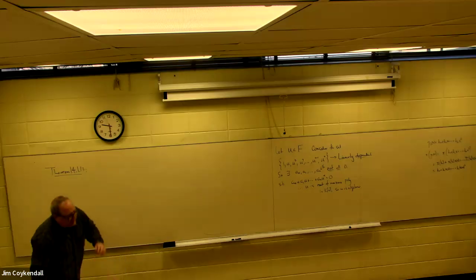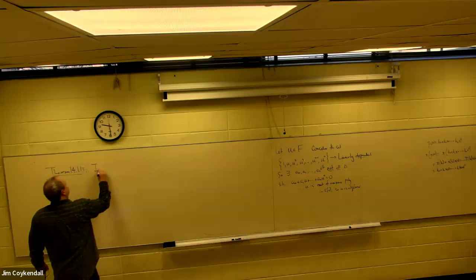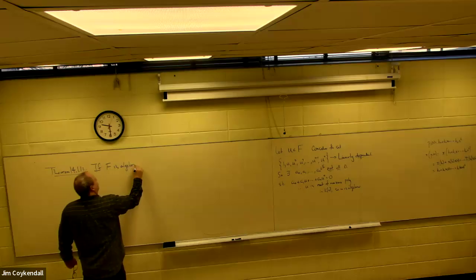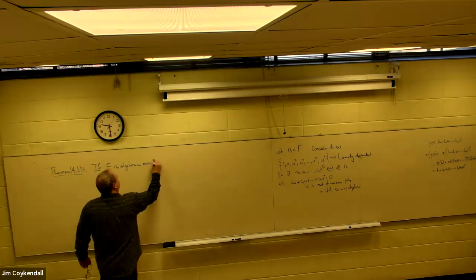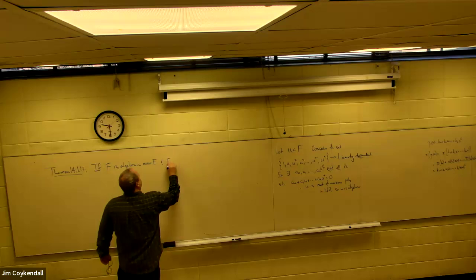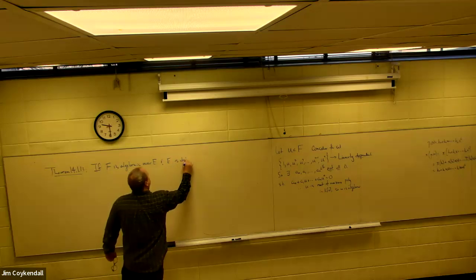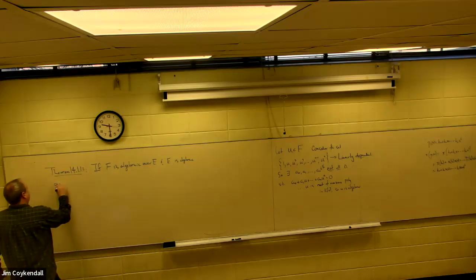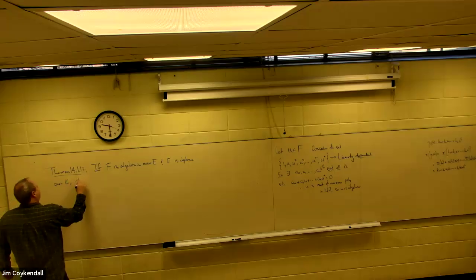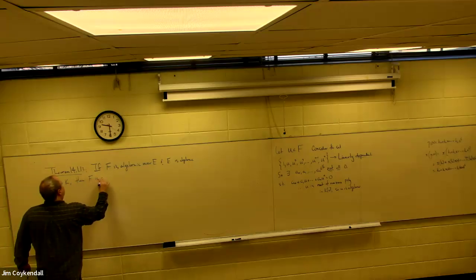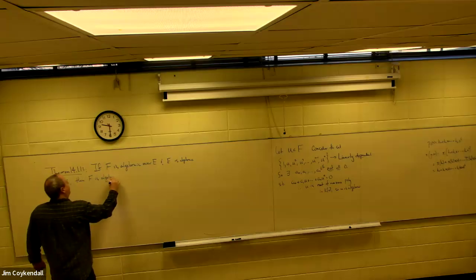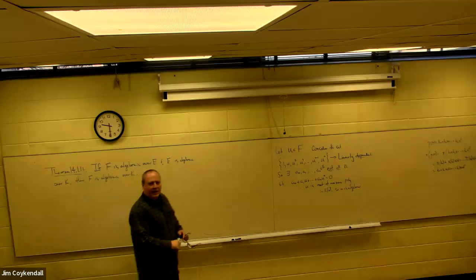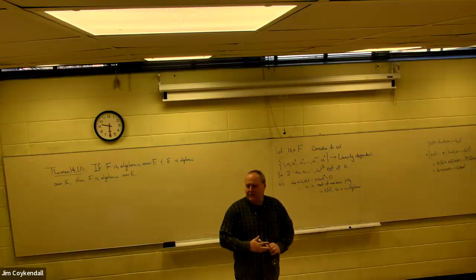If F is algebraic over E, and E is algebraic over K, then F is algebraic over K. That is to say, the notion of algebraic is transitive.